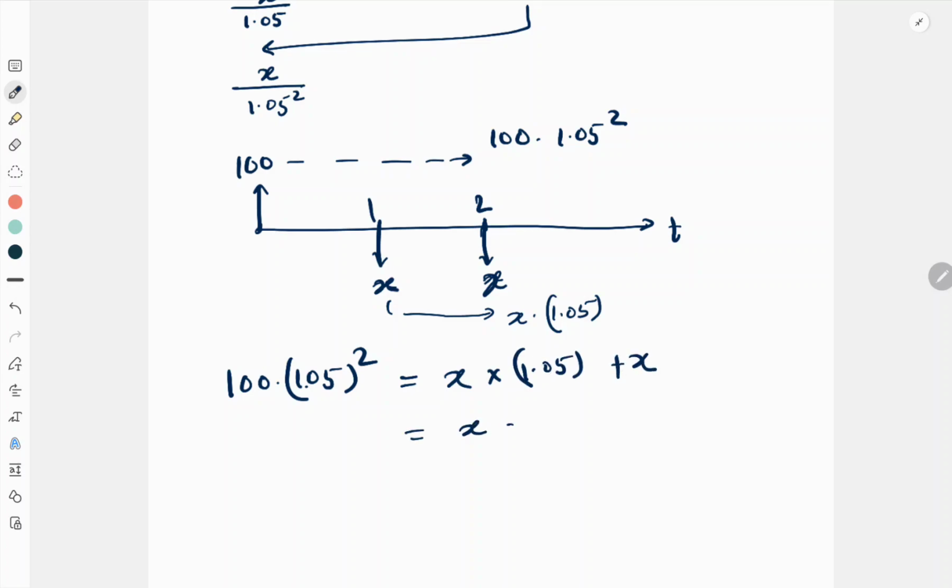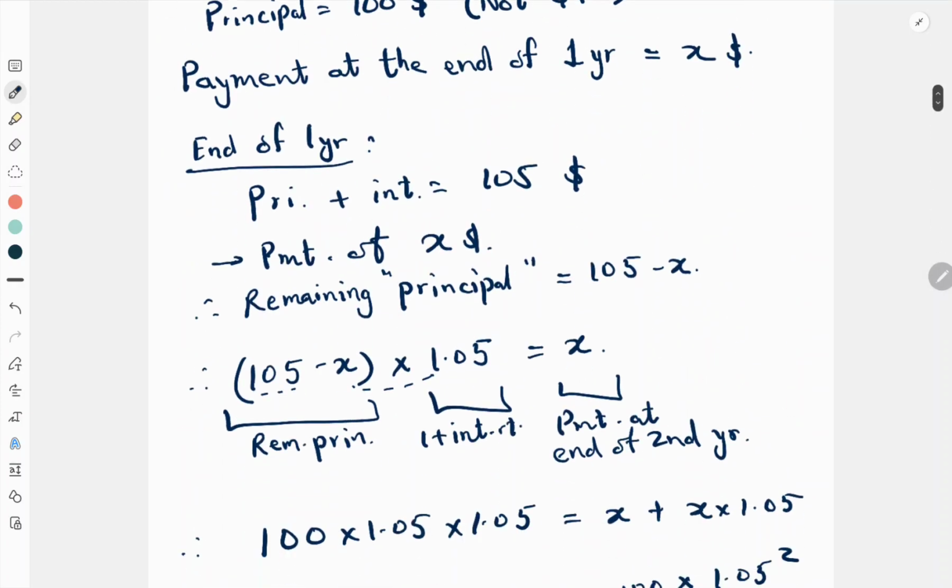So again, if I rearrange, I will get x is equal to 100 times 1.05 square divided by 1 plus 1.05.